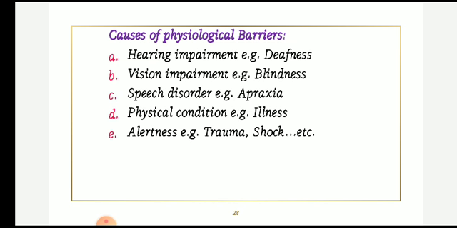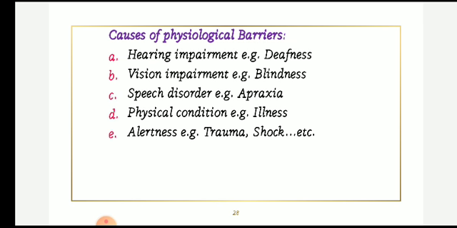If the receiver is not able to hear the complete message, the process of communication is not completed. This is a person having deafness, meaning we are not able to hear.